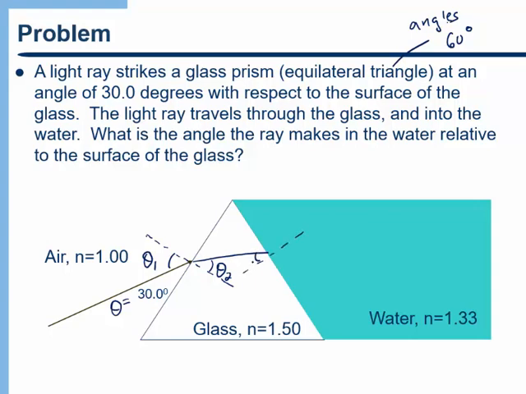I'm going to call this angle theta 3. I'm going to call this angle theta 4 and this angle theta 5. Notice that it's theta 5 that I'm asking you to find, the angle the ray makes in the water relative to the surface of the glass. Remember also that we know this angle is 60 degrees, as is that angle and that angle. Okay, give it a shot, see how you do.